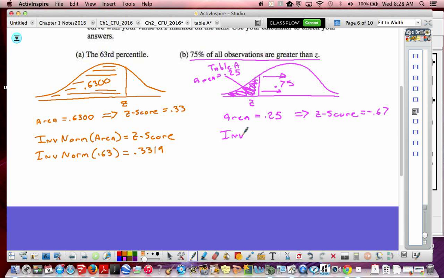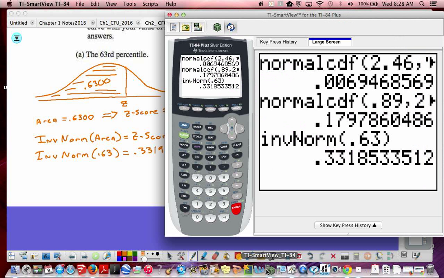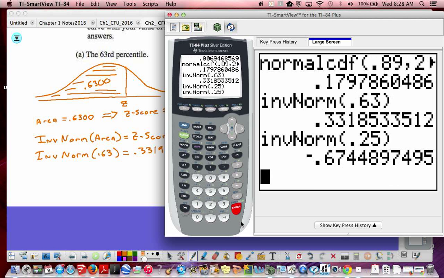Again, I could go inverse norm of my area, 0.25, and that's going to give me my z-score. So on my calculator, I could go second vars number 3, 0.25, close my parenthesis, hit enter, negative 0.6745.